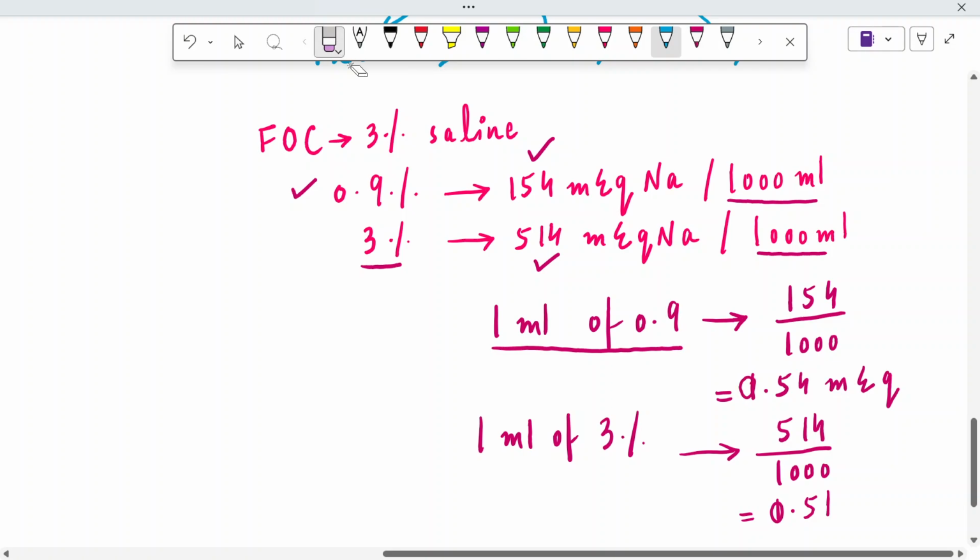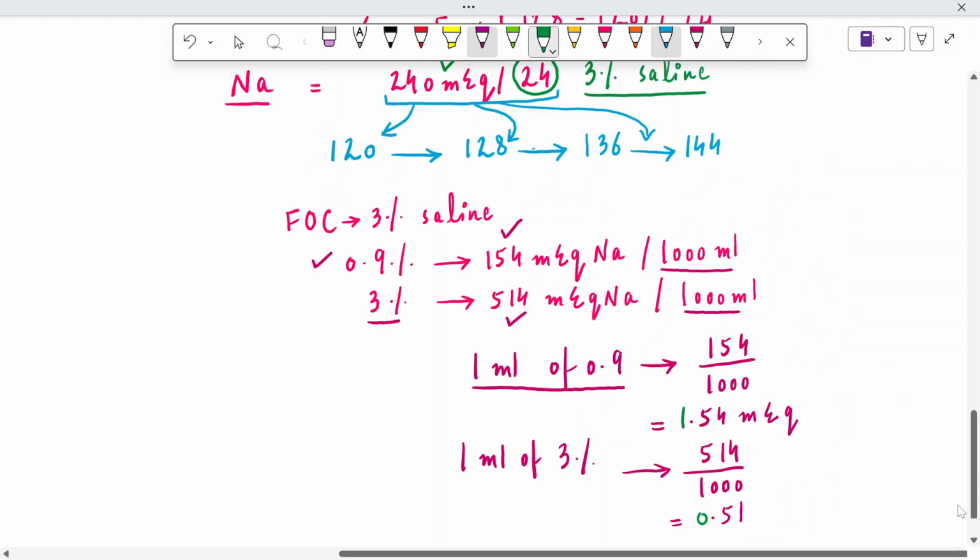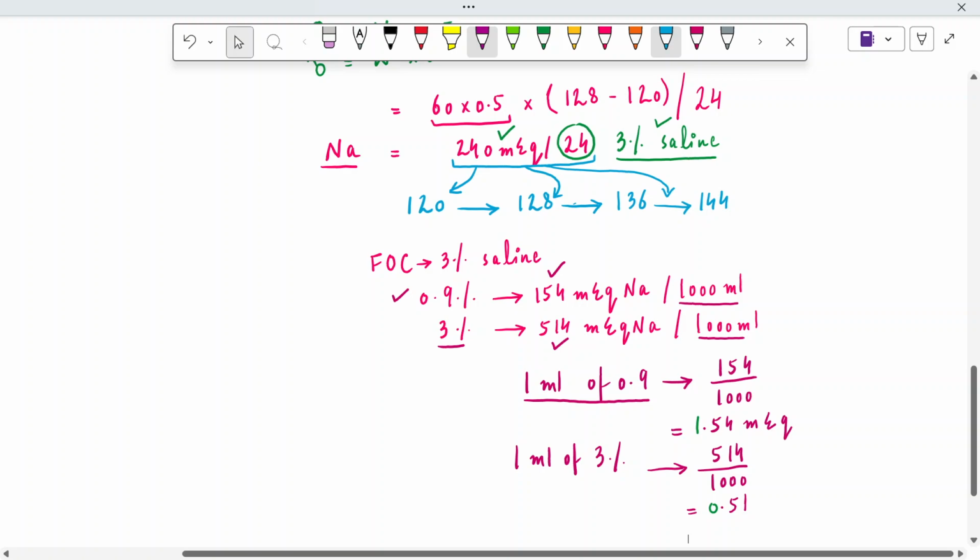Sorry for the misunderstanding. So that's the mathematical part in case of hyponatremia.